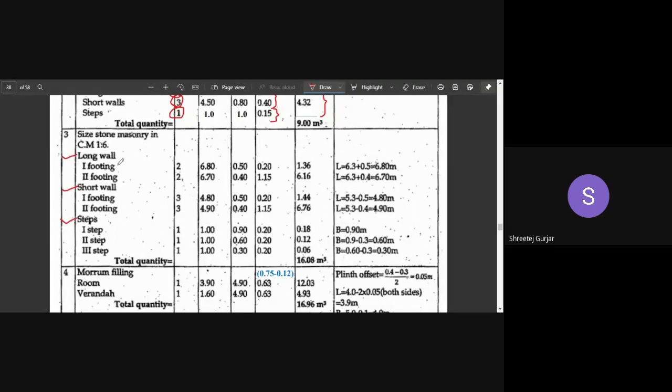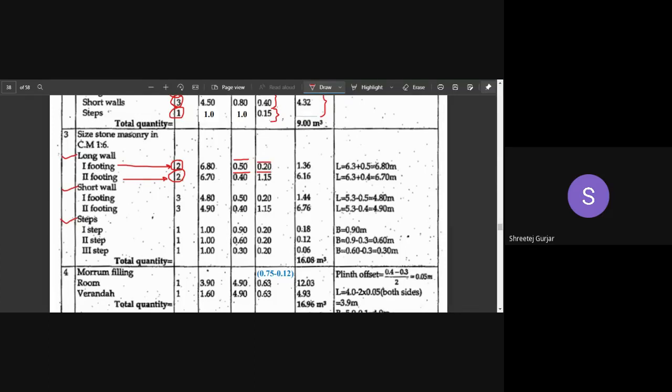So this is your first step. Long wall is 2 in number, and short wall is 2 in number. For the long wall again, the second step is 2 in number. I have told you the first step is 0.5 meter in width, and the second step is 0.4 meter in width. The depth of the first step is 0.2, and the depth of the second step is 1.15.